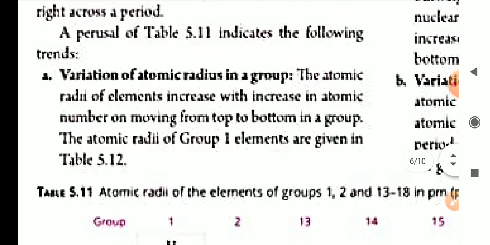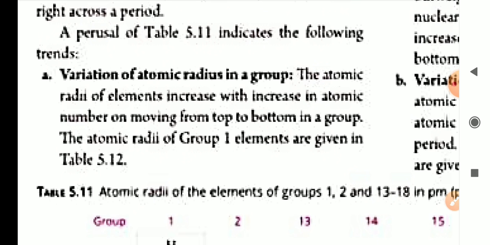Now, variation of atomic radius in a group. Atomic radii of elements increase with the increase in atomic number. In the case of lithium, sodium, potassium, the three elements we consider in group 1, you will see in the outermost shell all of them have one electron, but one shell is added when we move down the group.